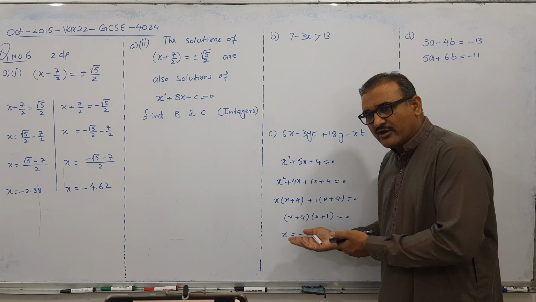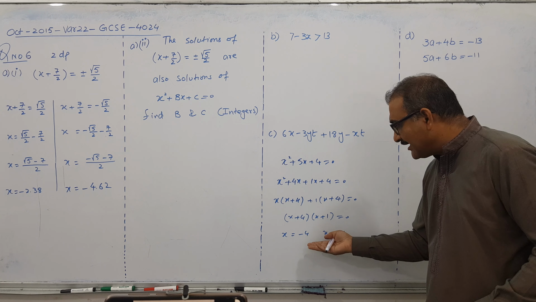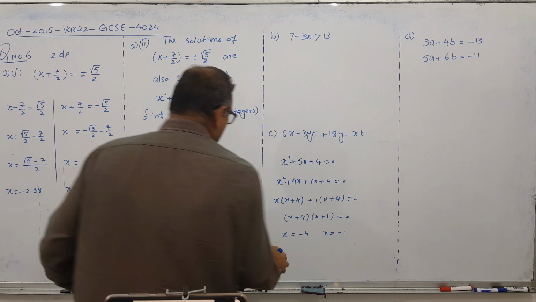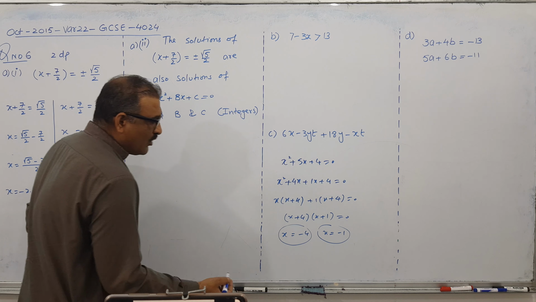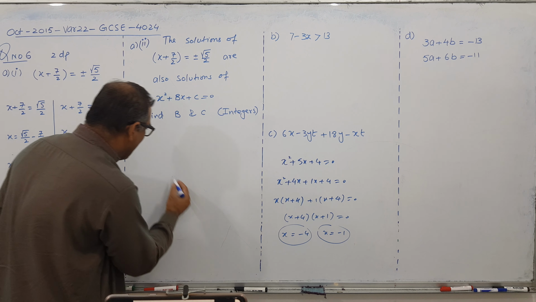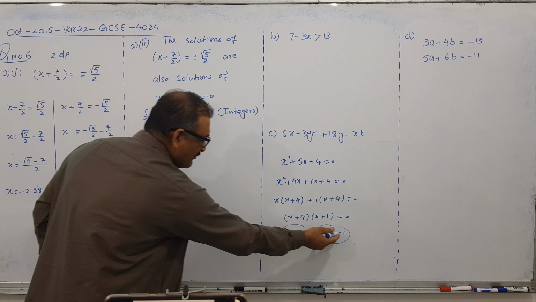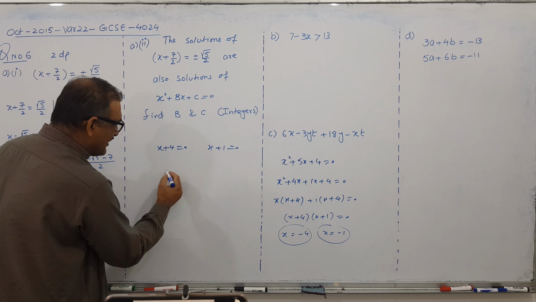Now reverse. Can you go reverse? Yes, we have a reverse technique. How? From here I can go backward. Let's say I have solution number 1 and 2. What I will do: bring 4 back here, like this, bring 1 back here, like this, and then multiply them.